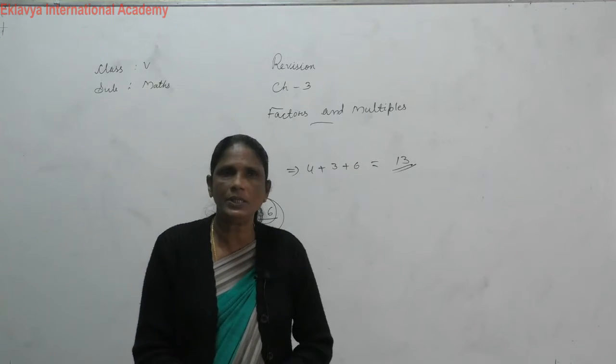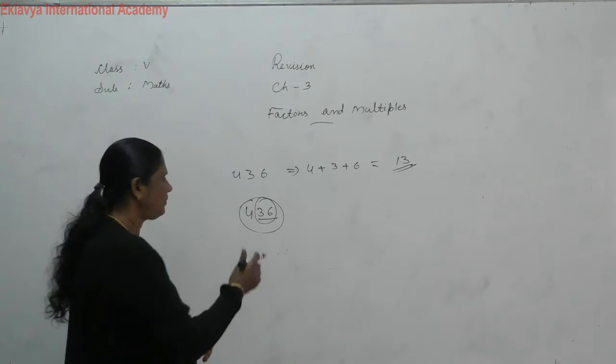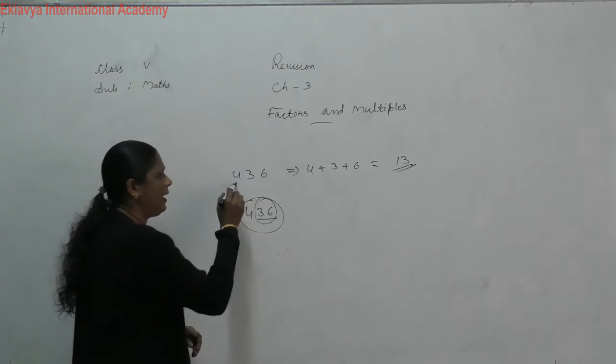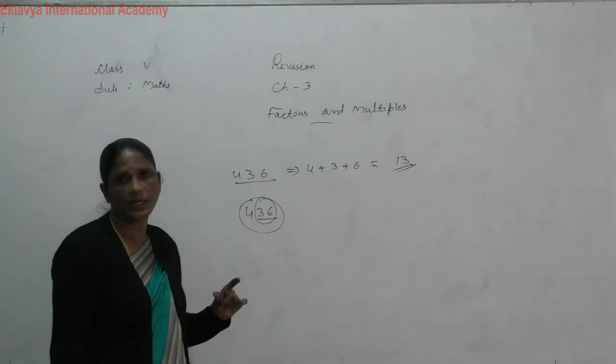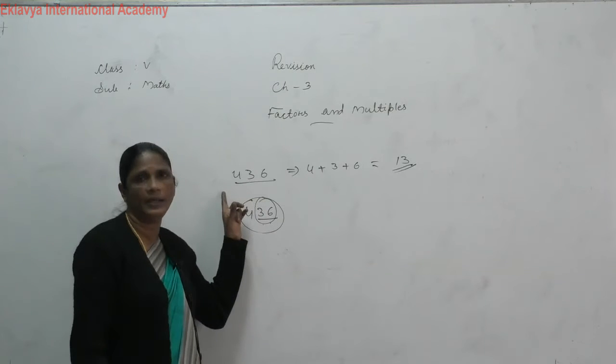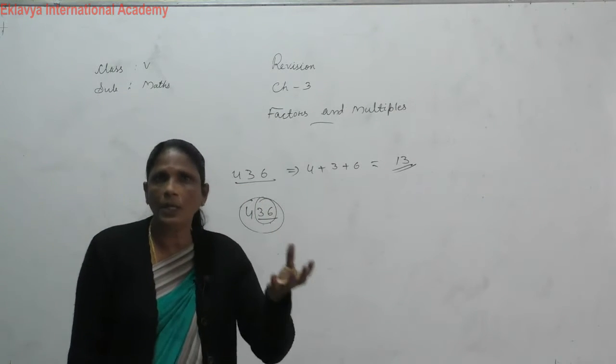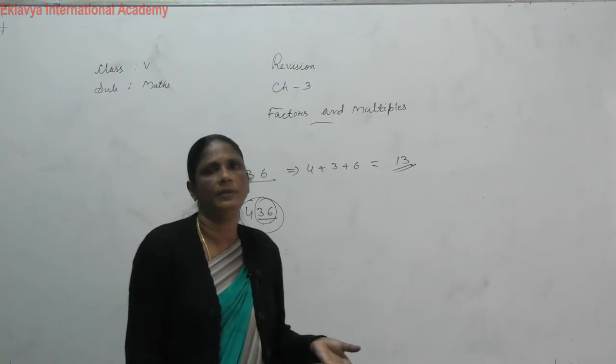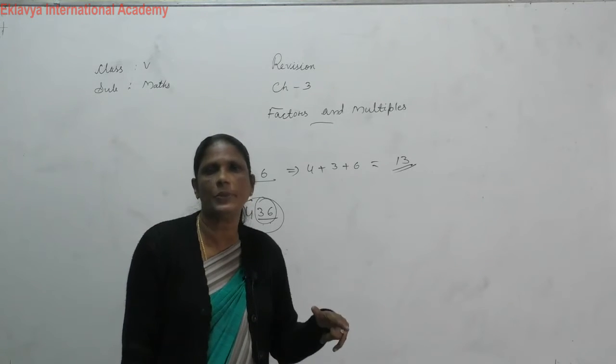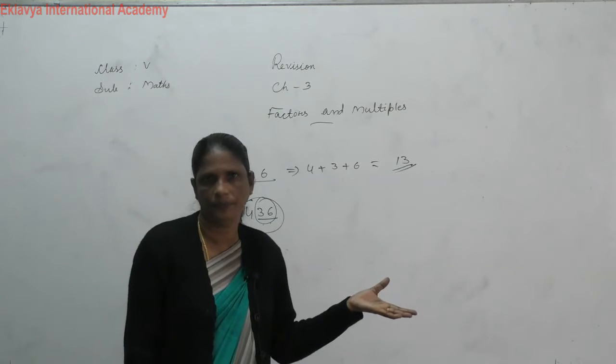Then divisibility by 8. If the ones, tens and hundreds places form a multiple of 8, that number is divisible by 8.